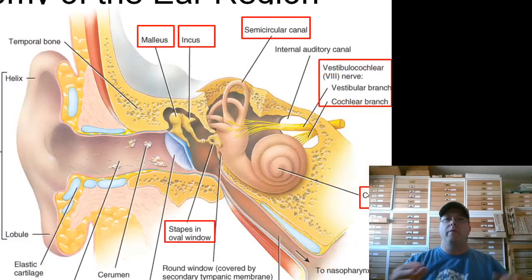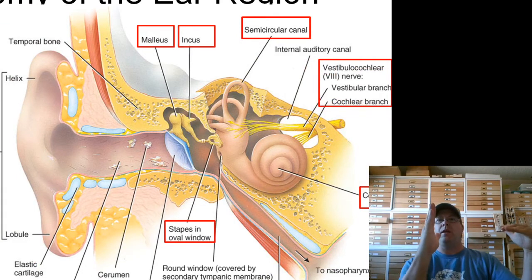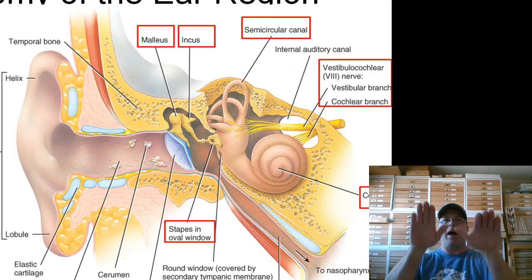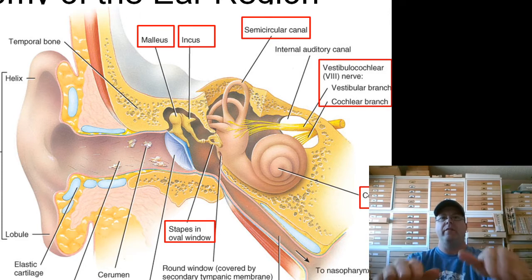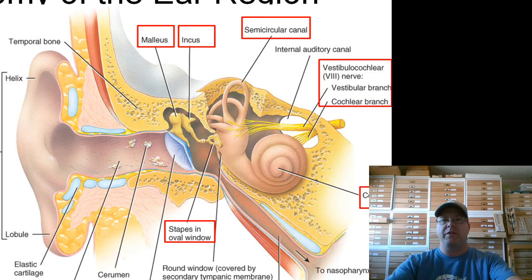So just imagine these sound waves coming in. You have your tympanic membrane. The tympanic membrane is going to vibrate with each sound wave that hits it. You see, a sound wave is a wave of energy. So the reason why you can hear me is because there are sound waves coming out of your computer and they are hitting your tympanic membrane.